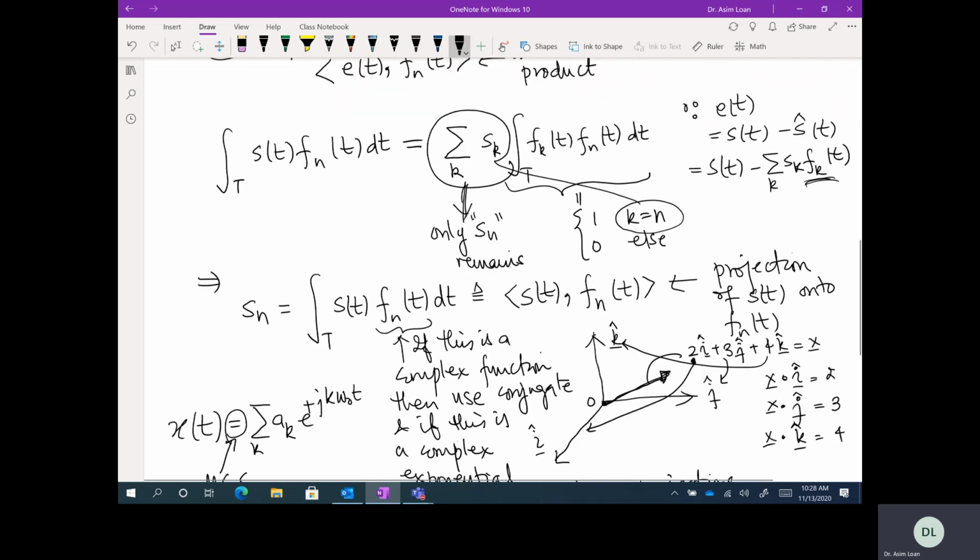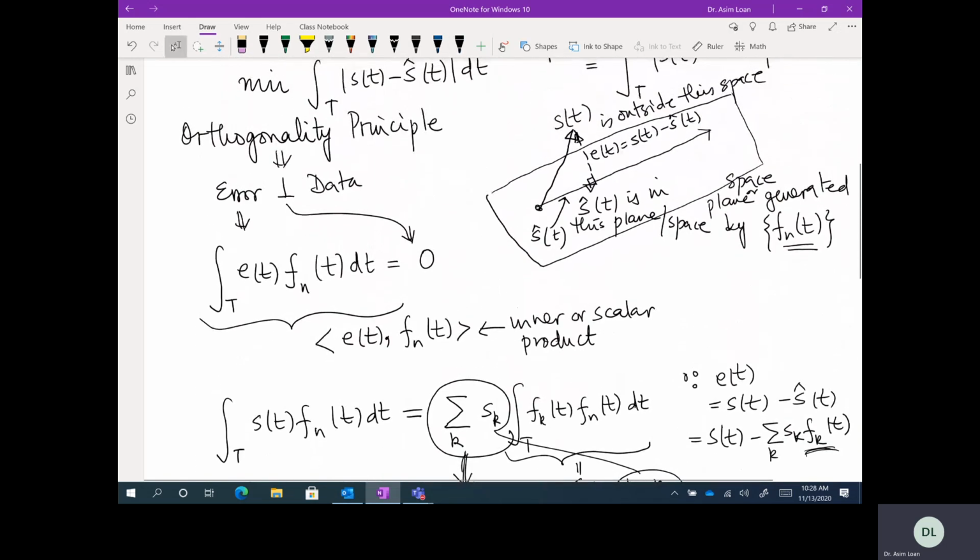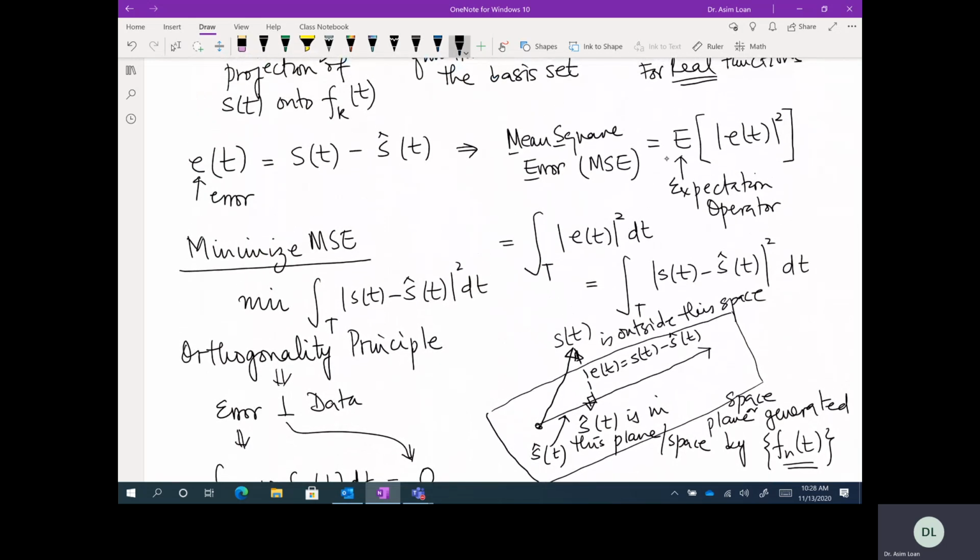It simply means I want to minimize this mean square error. This is from chapter 1, this is an energy. So I want to minimize energy in the error signal, right?